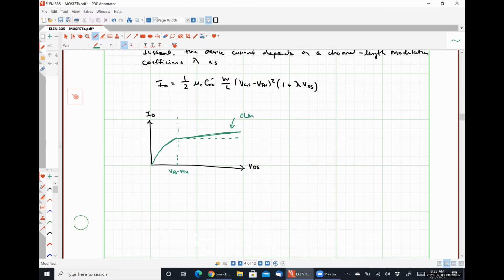CLM. And just to be clear here, here is our saturation region. Here is our triode, and down here is our deep triode. Don't need to talk about sub-threshold operation. That's well beyond the scope of this class.